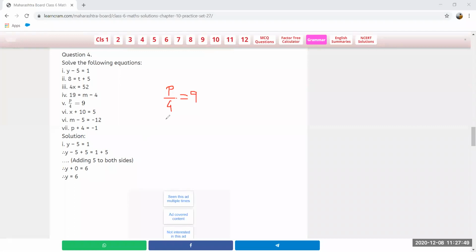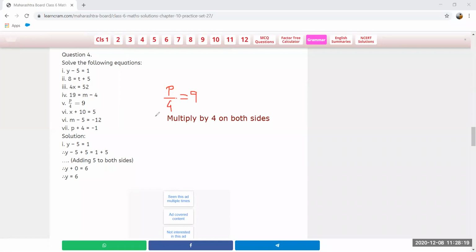P by 4, right? So here we will multiply because it is divide, so we will multiply by 4. We don't want this 4 with P, so multiply by 4 on both sides. Yes, multiply by 4 on both sides.